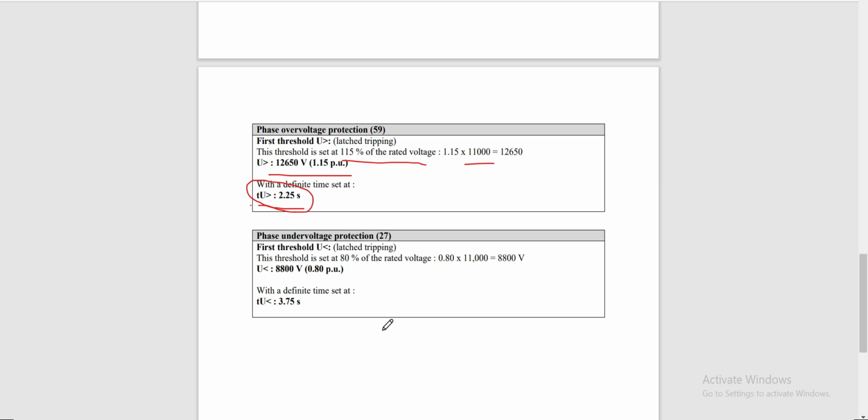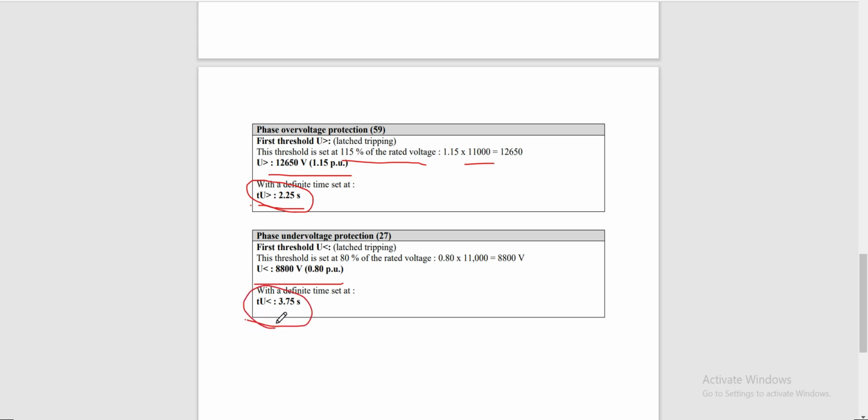And on our phase under voltage protection, our threshold is 80% of the rated voltage. So we just multiply the 80% by our rated voltage, which is 11 kV. So our under voltage pickup value from here is 8,800 volts at 0.80 per unit, with a definite time set at 3.75 seconds.